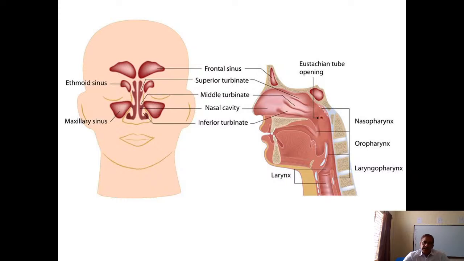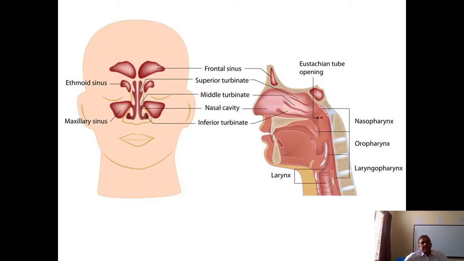From there it goes into the oropharynx and then the laryngopharynx, and then you swallow. So the small dust particles which are attached to the mucus are the ones which go into the stomach. They are prevented from going into the larynx and then into the trachea, the bronchi and the alveoli. So this is how the nasal cavity protects, apart from the function of smelling, the sensation of smell.